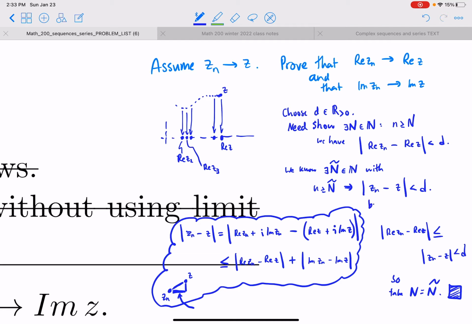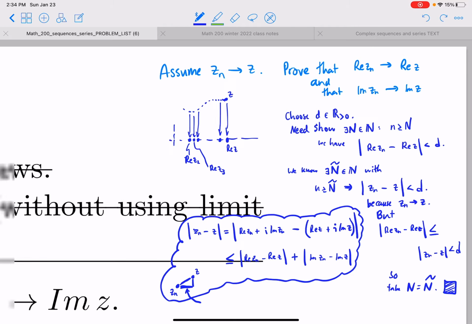And maybe I'll even add that z_n converges to z is what we assumed. Then I might write, but that thing is less than that thing, which then is less than d, and we're done. So just take n equal to N tilde.